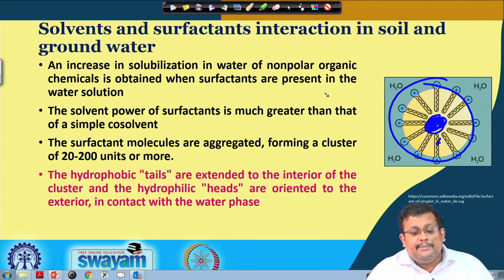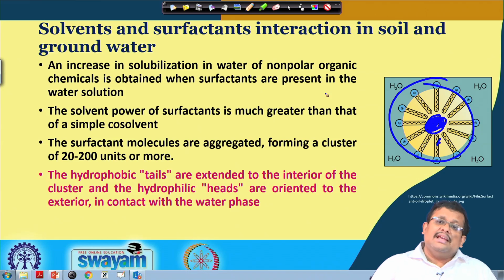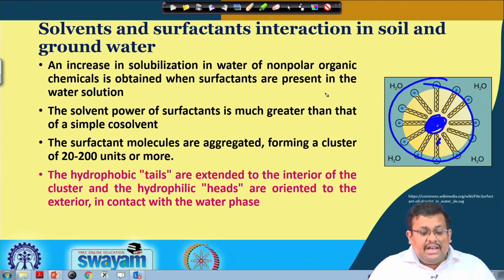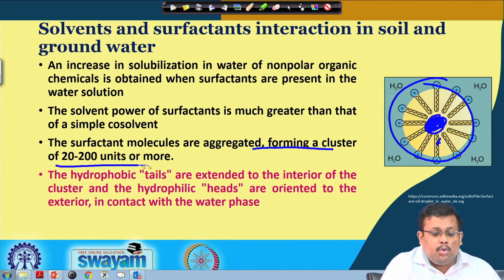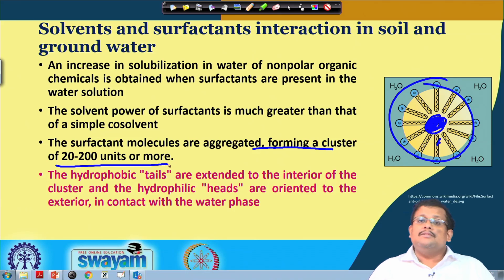Now, the solvent power of surfactants is much greater than that of a simple co-solvent, because of their structure and their solubility mechanism. The surfactant molecules are aggregated, forming a cluster of 20 to 200 units or more.